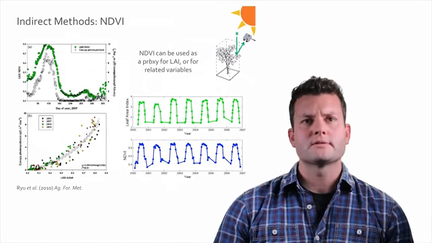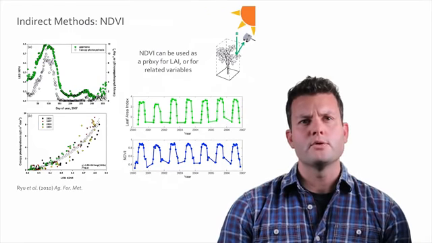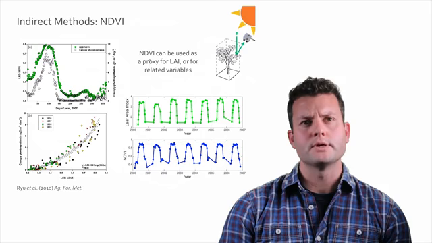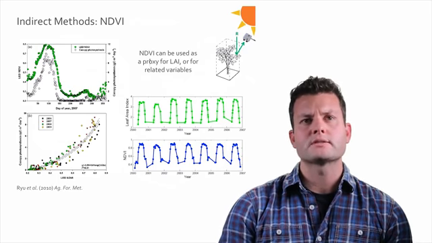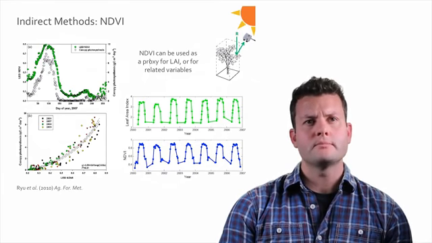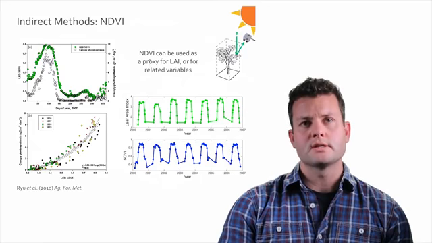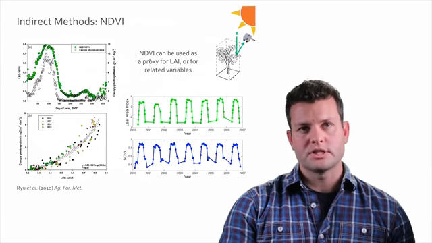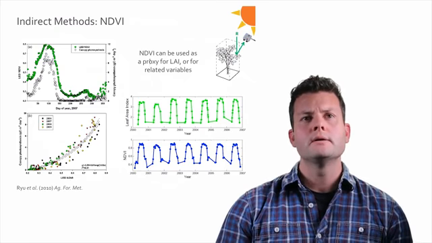On the left-hand side of the slide, I'm showing some data from Ryu where he was measuring both NDVI and canopy photosynthesis in a grassland for an entire year. In the top left panel, you can see that NDVI values are plotted in green and photosynthesis is in the open circles. And you can see that the temporal trajectory of photosynthesis is very well tracked by NDVI.